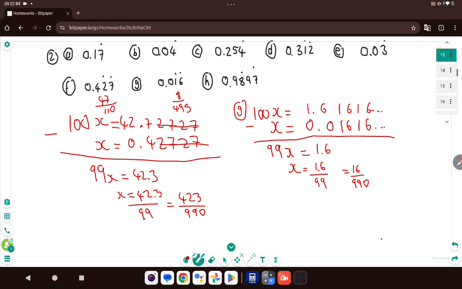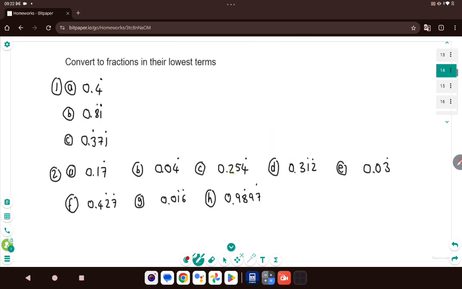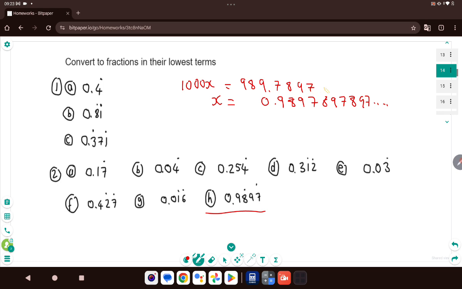And the last one, I'll do this on a separate page. So I'm going to do this last one here. Okay. 3-digit repeating, because the dots are around the 8 and 7. I'm timesing this one by 1,000. So 989.7899897, sorry, like this. It all disappears from here onwards.